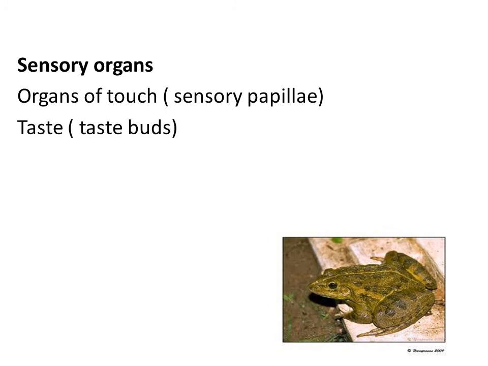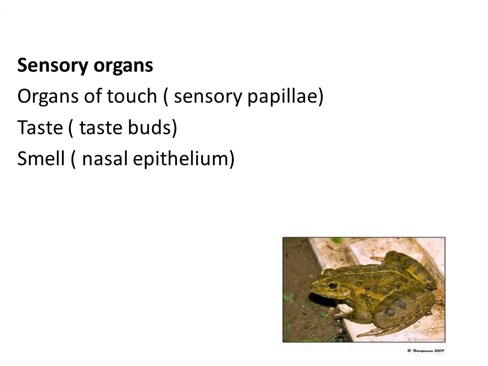Then one more is the taste buds. Taste buds are located in the tongue. These help to sense taste. Different kinds of taste can be sensed with the help of taste buds. Then one more sensory organ is the nasal epithelium. These tissues are present in the nasal passage.